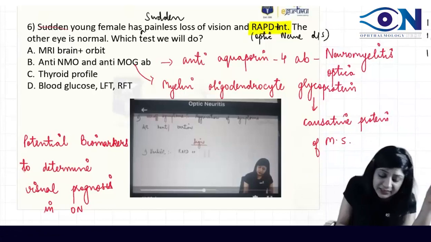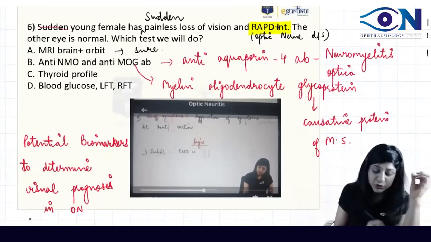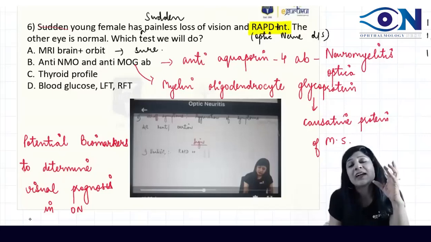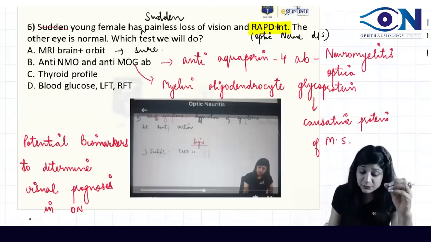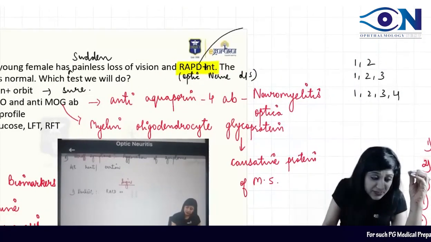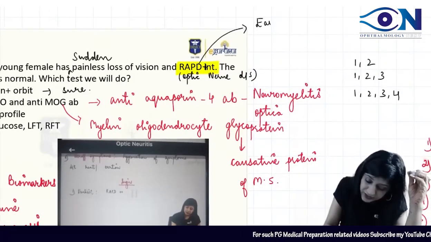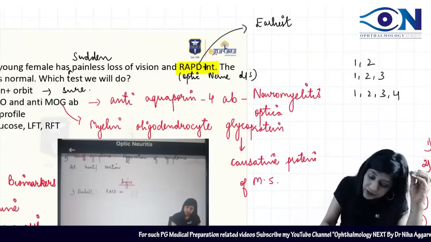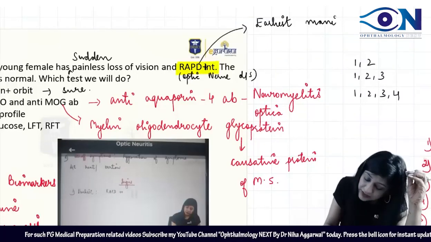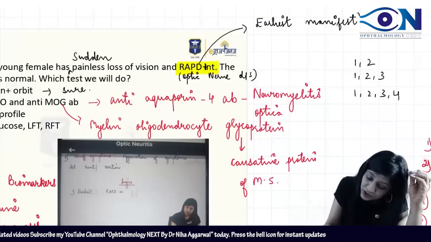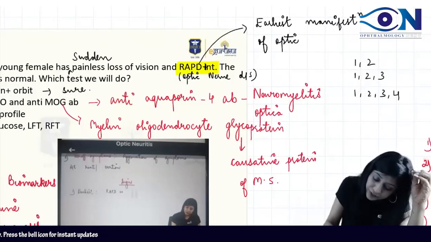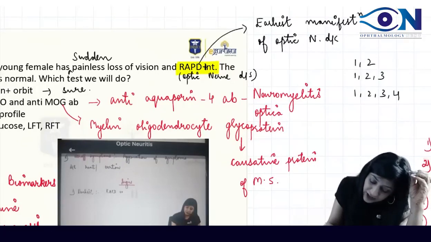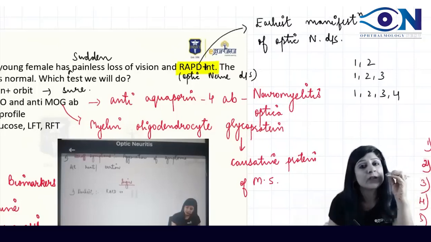So obviously this is for sure, because if you are having a sudden painless loss of vision and RAPD is present, RAPD is the earliest manifestation of the optic nerve disease.